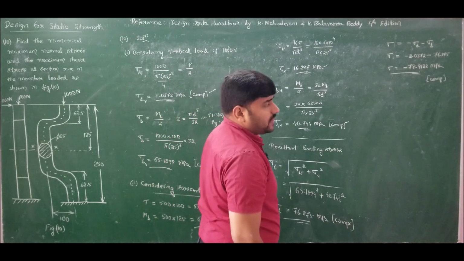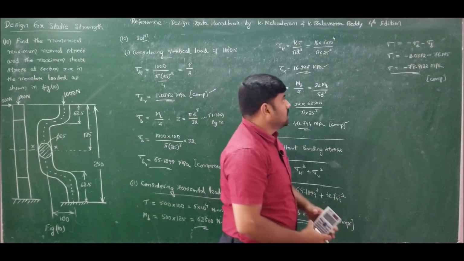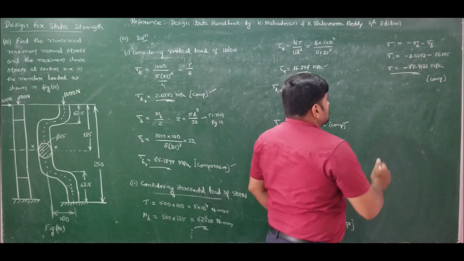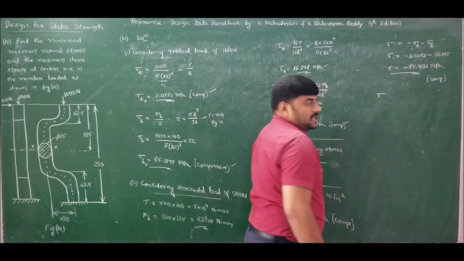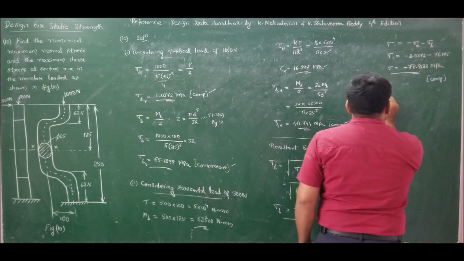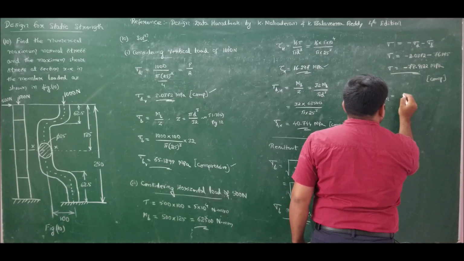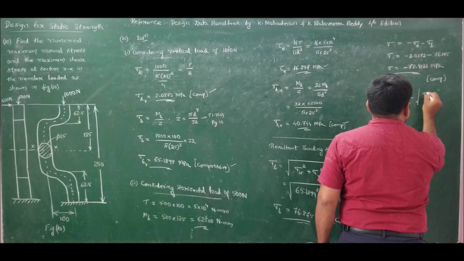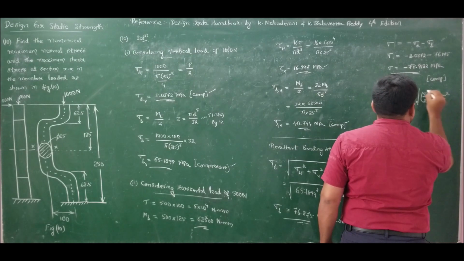Now he is asking to find the numerically maximum normal stress. Since the sigma value is negative, I should use the minimum normal stress theory, that is, sigma minimum will become maximum for us. Sigma minimum is equal to sigma by 2 minus root of sigma by 2 whole square plus tau square.